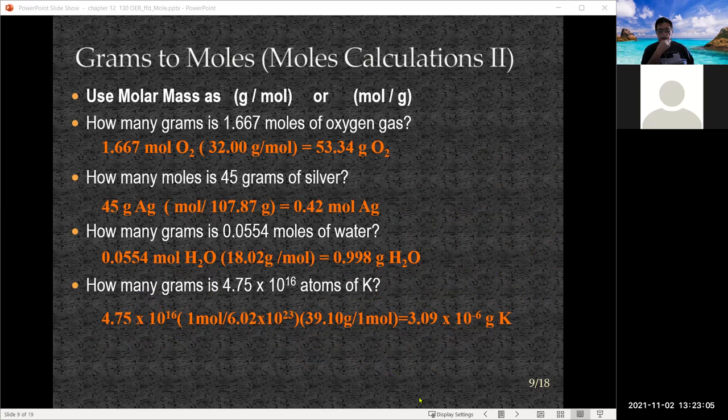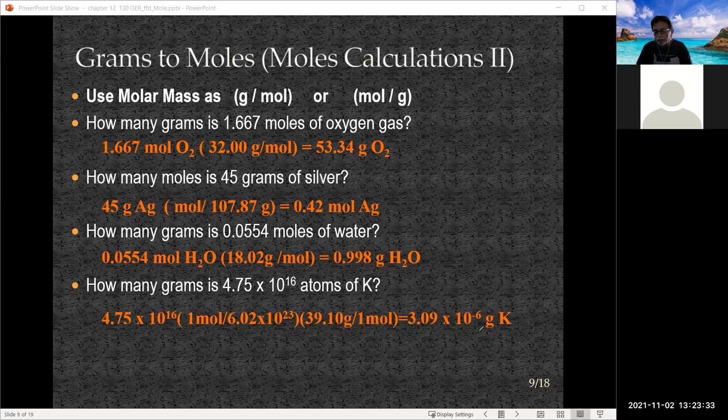If you have any trouble with that, we can definitely talk about how to set that up in your calculator. So finally you end up with 3.9 times 10 to the negative 6 grams of potassium.